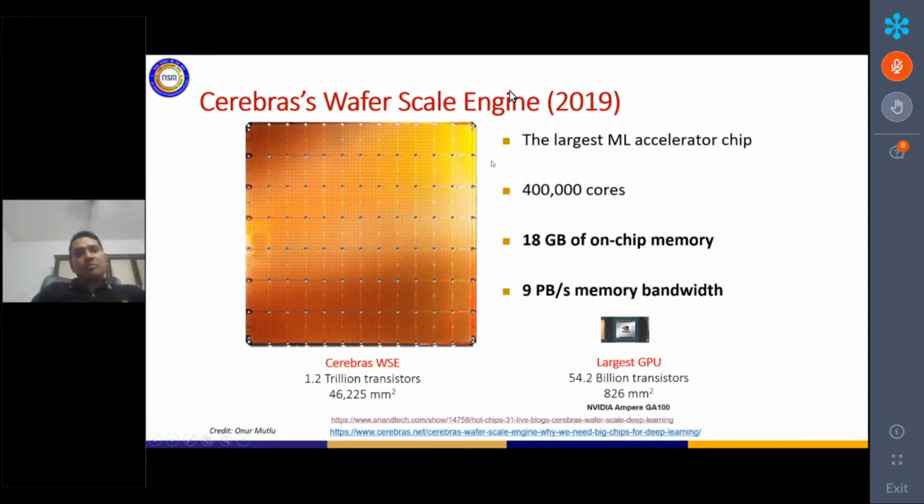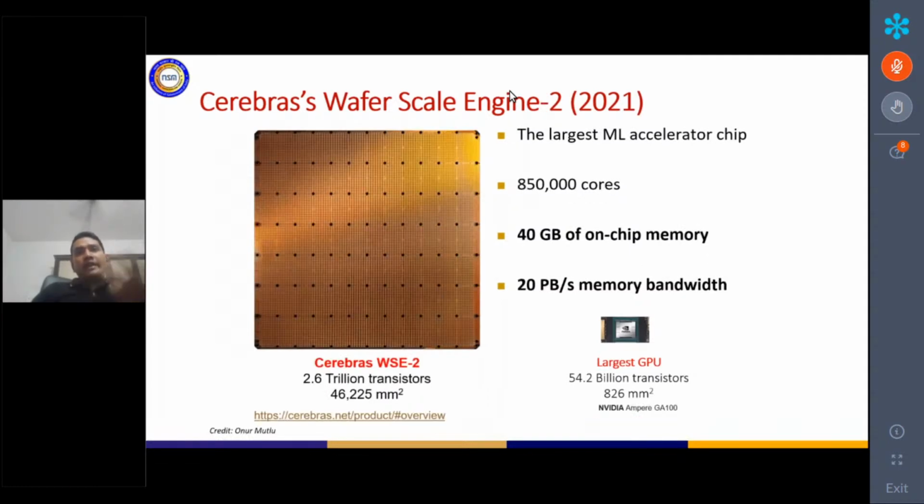So you can imagine how much bigger it is in size, as well as to accommodate all the computations needed for different AI benchmarks that you have seen before. It employs 18 GB of on-chip memory, and that gives it 9 petabytes per second memory bandwidth. So 9 petabytes per second of data that you can access. Of course, this is full precision data that we are talking about.